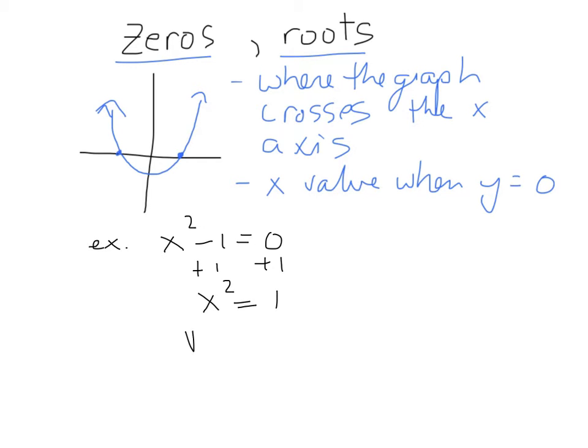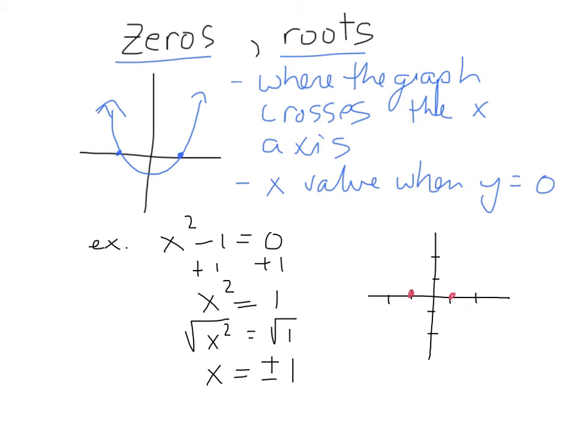Now I'm going to take the square root of x squared, the square root of 1, and I get x equals plus or minus 1. What that tells me is that the curve will go through the x-axis at positive 1 and at negative 1.